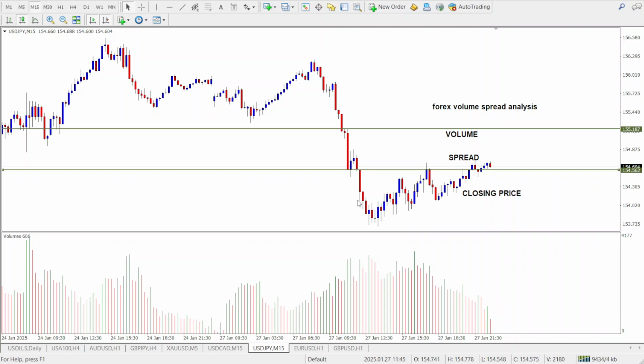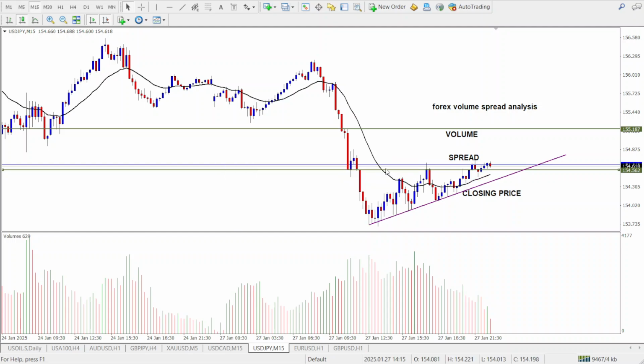Use VSA alongside trend lines. Make use of your trend lines, they are important. You can also use moving averages for confirmation, or any other indicator of your choice to increase your confidence in a trade. Remember that VSA is not a standalone strategy. It's a tool to help you read the market more effectively. It's important that you take note of that.